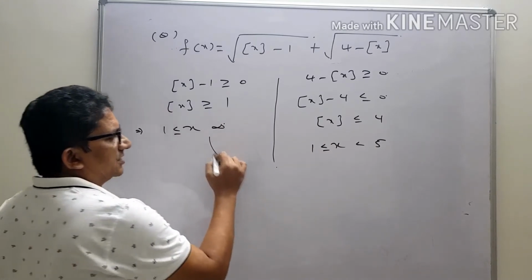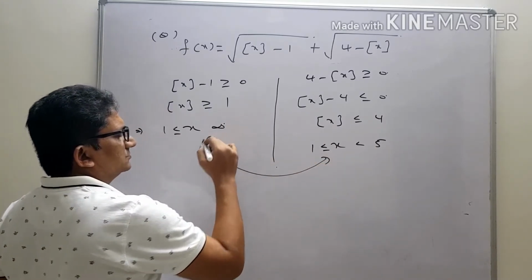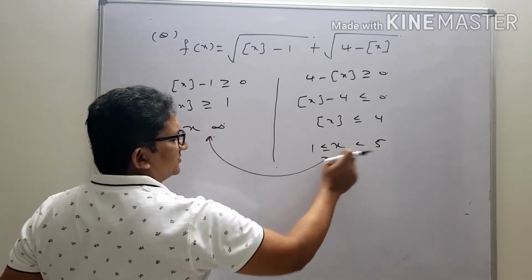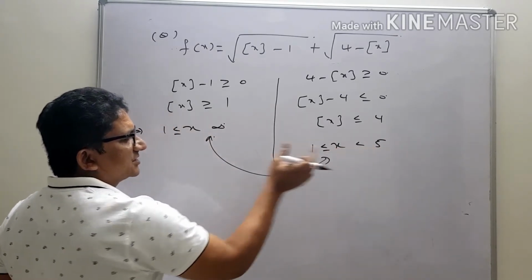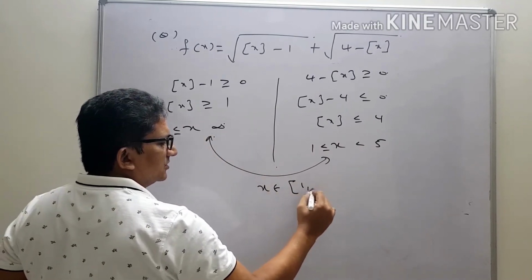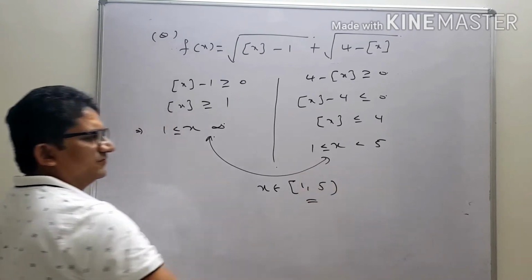Combining these two, x lies between 1 to infinity and between 1 comma 5. This interval is clearly a subset of the first one. So the intersection is x belongs to the closed interval 1 comma 5.